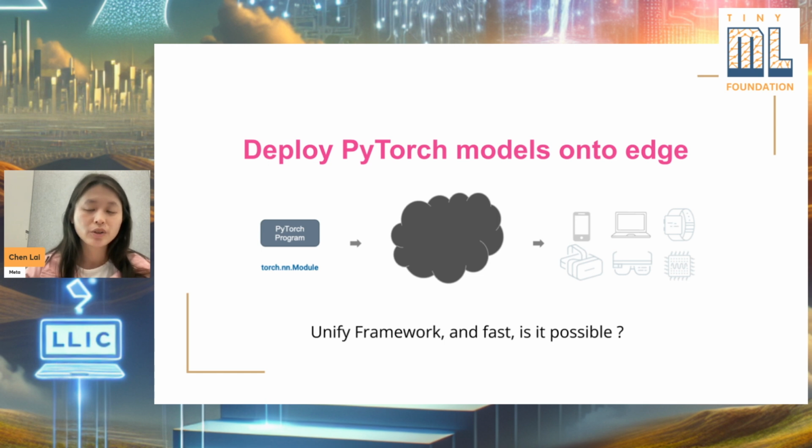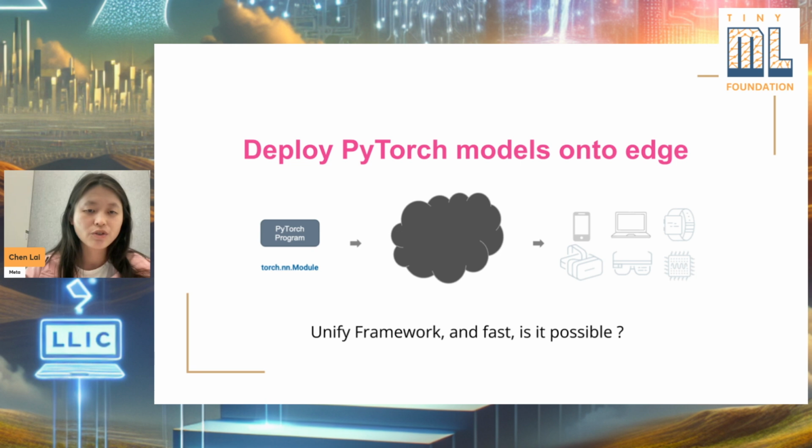As we know, PyTorch has become the unified framework for working with ML models. Most researchers start from PyTorch, train with PyTorch, and deploy with PyTorch on the server side. However, deploying models on Edge is more difficult because of challenges like constrained memory, compute, and heterogeneity of hardware devices.